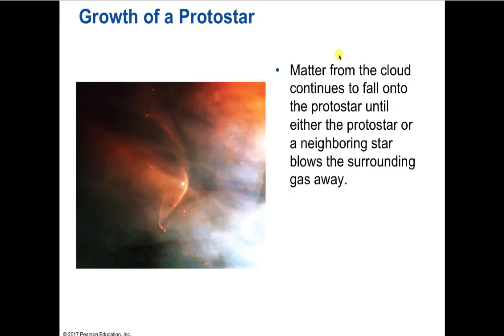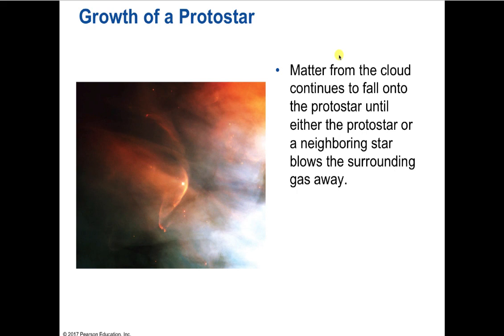So matter will fall into this forming star, this thing called a protostar. Gas will continue to fall onto it, and it'll continue to gain mass as long as that gas is there. Eventually, though, something blows away that gas, and it could be another nearby star with a violent stellar wind.